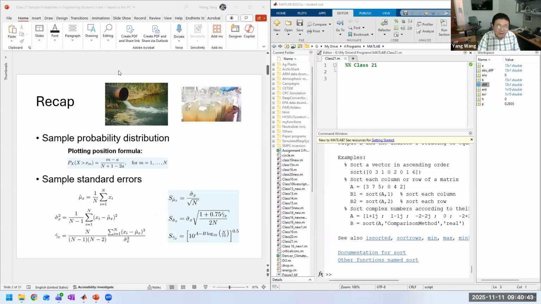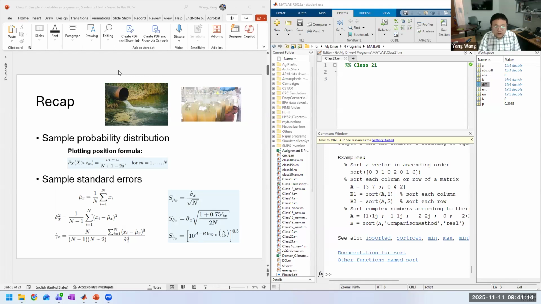If we do a quick recap of last class, we started with the sample probability distribution, right? We started with first how to plot the probability distribution just based on the sample measurements. Because before, when we plotted the probability distributions, we already had the functions for different distributions, for example the binomial distribution, geometric distribution, Gaussian, which is the normal distribution, and log normal distribution.